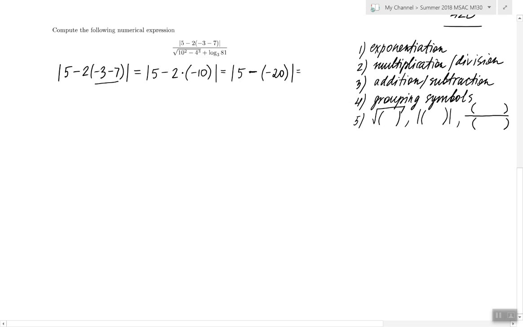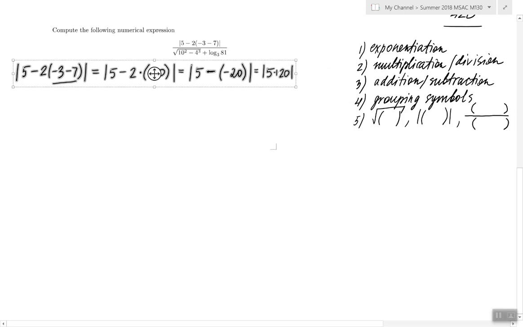Now there is no multiplication, no exponentiation, so we do the addition of these two numbers. So what's inside of the absolute value is 25. And only now, after we've done everything inside of the absolute value, can we find the absolute value. So the absolute value of 25 is 25.